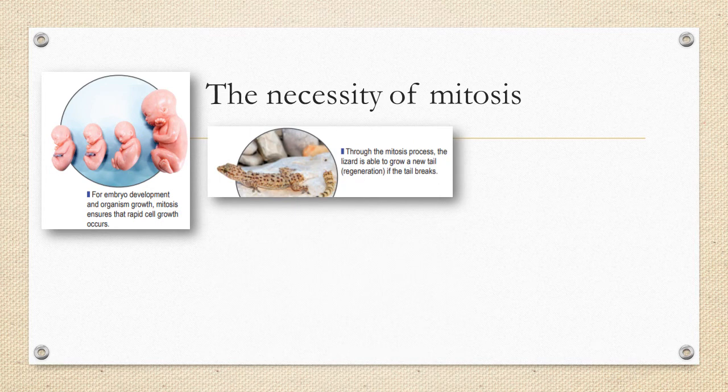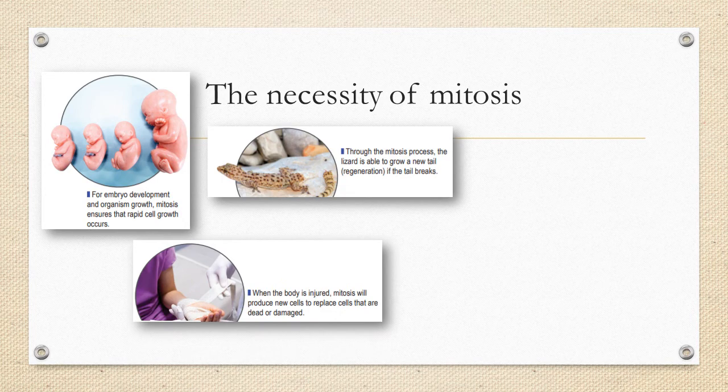Second one, for regeneration. If you have experienced catching a lizard, right? When you hold the tail of the lizard, it will break. So don't worry, because it is able to regenerate a new tail. This also involves mitosis.